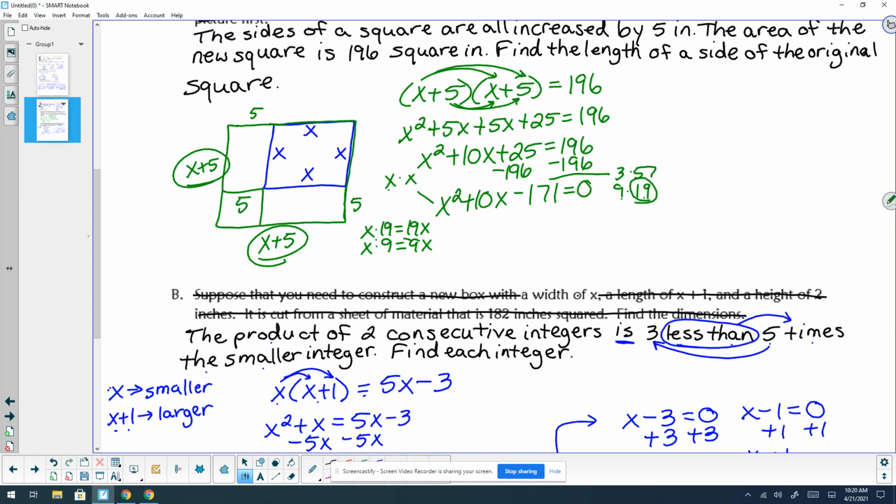The 9x has to be negative, which means my 9 has to be negative. Two sets of parentheses with x at the front. Does not matter where I put my numbers at this point because I just have x's. Okay? So what I can do now then is set my two different parentheses equal to 0.